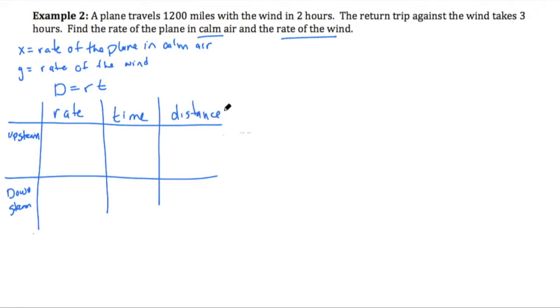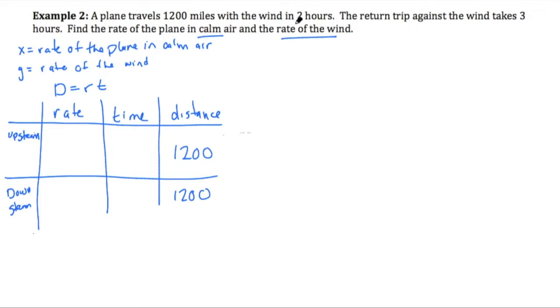Great. So a plane travels 1,200 miles with the wind in 2 hours. The return trip takes 3 hours. But if it's a return trip, both upstream and downstream are going to be the same distance. Many of these problems have the there and back kind of aspect to them, so the distance both ways here is 1,200 miles.